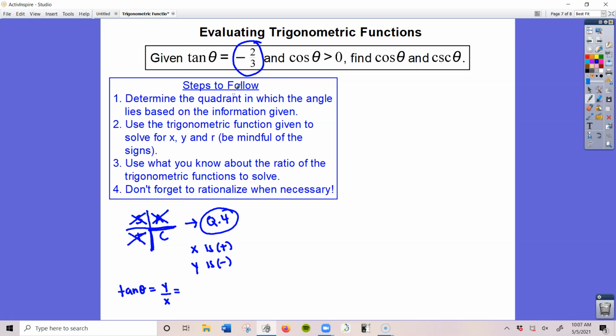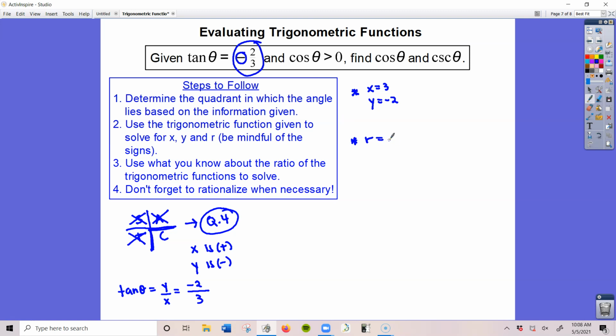The y in quadrant 4 is negative, so that means that this negative will be attached to the 2. So it's negative 2 over the x, which is positive, so positive 3. So what I have at the moment is that x is equal to 3 and y is equal to negative 2. What I need to do now is solve for r, the radius.